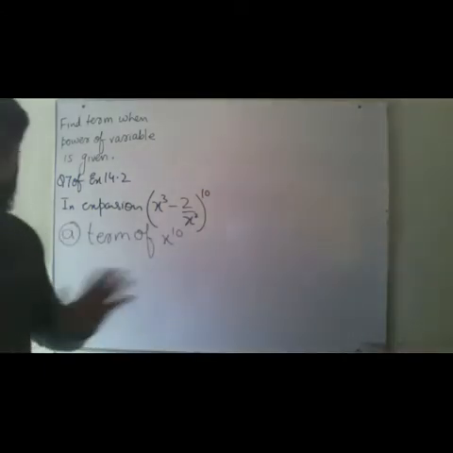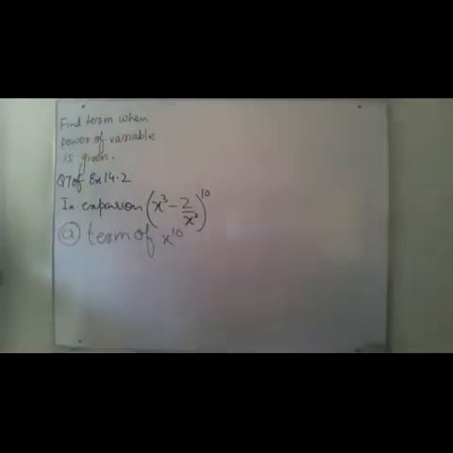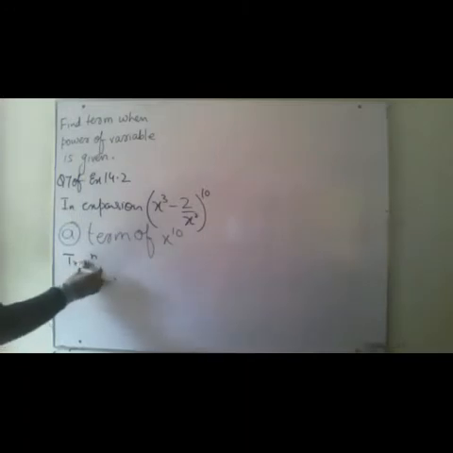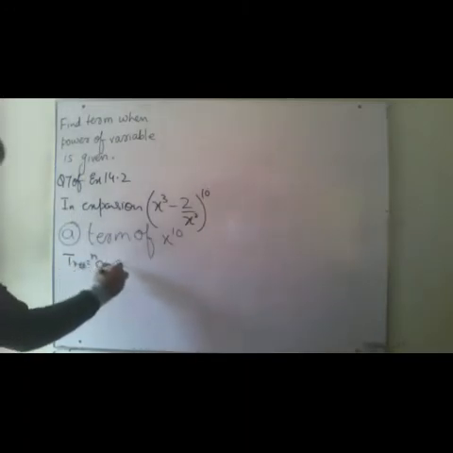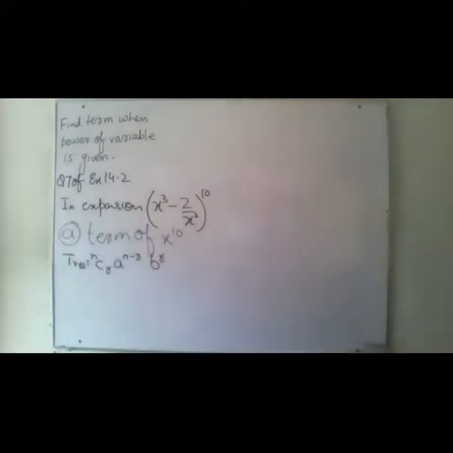Okay, I don't know which term that will be, right? So I'm writing the formula. The formula is T r plus 1 equals nCr a to the power n minus r, b to the power r. Okay, I don't know what r is right now.